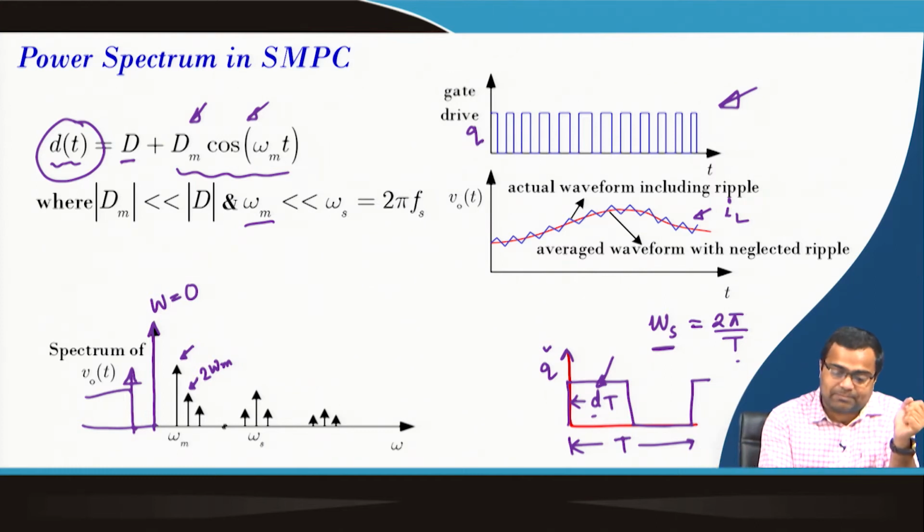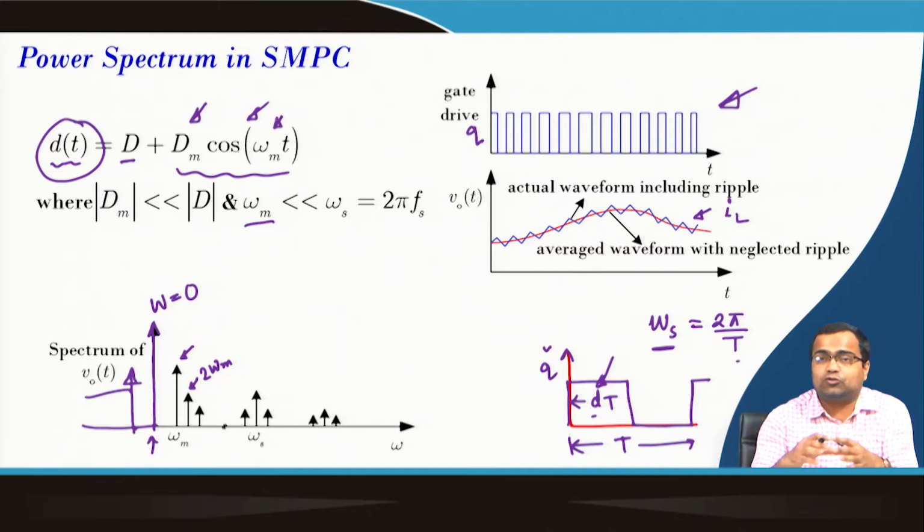So, side lobes will be created because it is a frequency modulation. Same thing is applicable here: if you do not modulate this signal, if you take the modulating frequency to be 0, it is simply a periodic signal with a fixed duty ratio, and we get components like a DC component, the switching frequency, which is the fundamental component, and its harmonics, which are 2 omega s and so on.